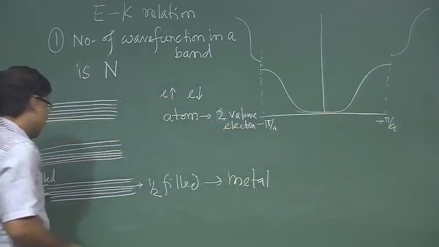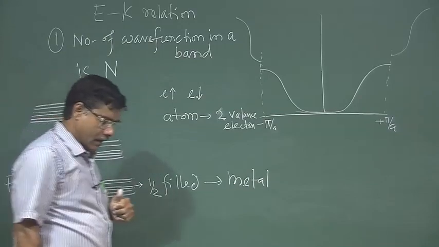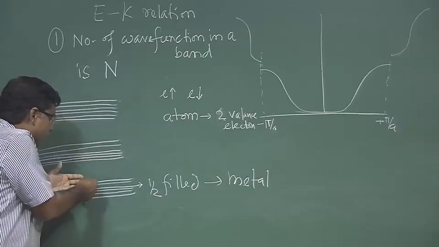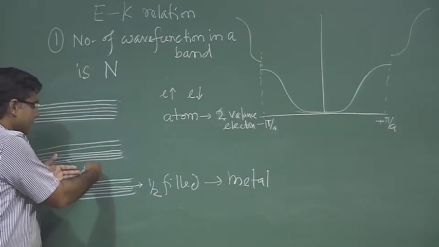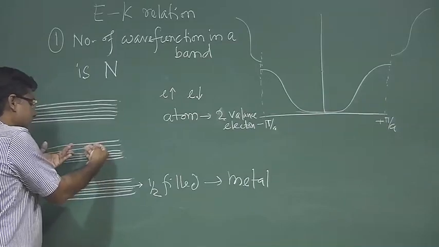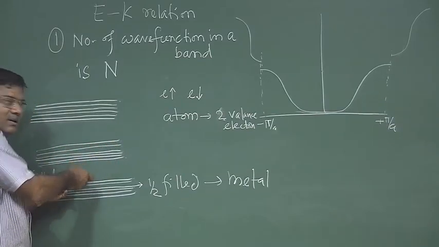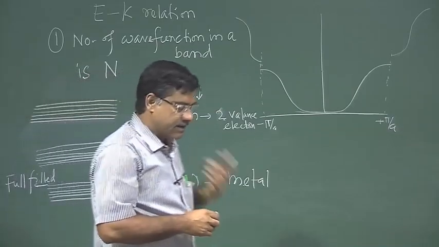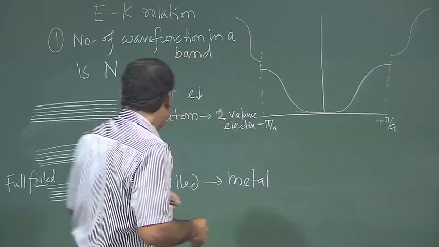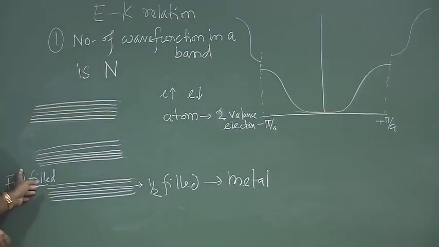When it is completely filled, then the electron cannot go anywhere, right. The only levels available are in the next band, but there is an energy gap. So, it has to overcome that. So, it is not free. So, you will not get free electrons. So, in that case, it is either a semiconductor or an insulator.